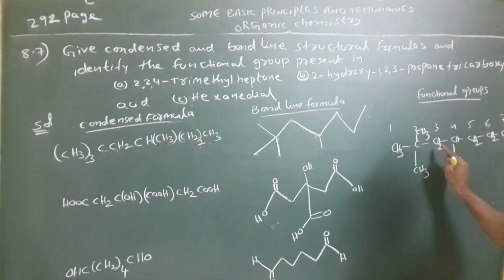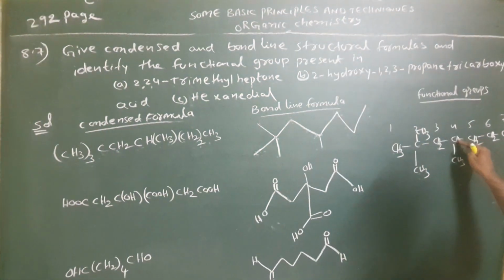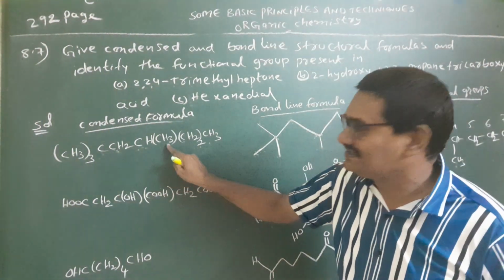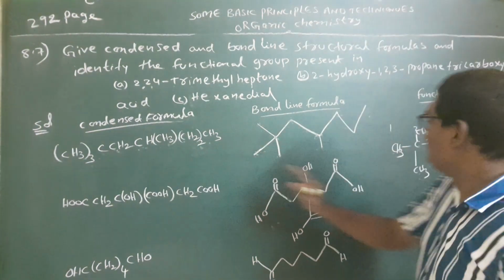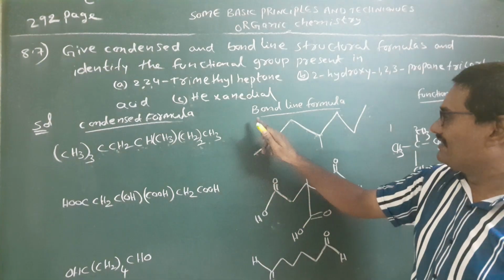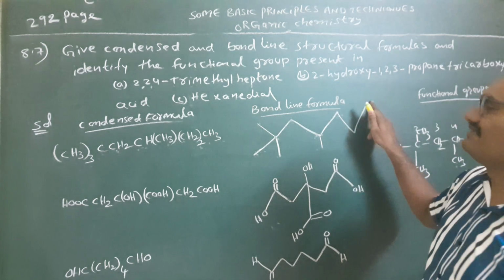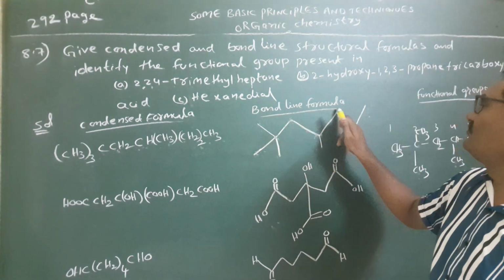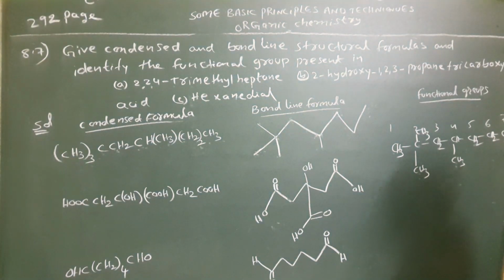Again CH2, next one CH3. Again CH2 twice, CH3. In the bond line formula, we can write 1, 2, 3, 4, 5, 6, 7. So this is the 2,2,4-trimethylheptane bond line formula.